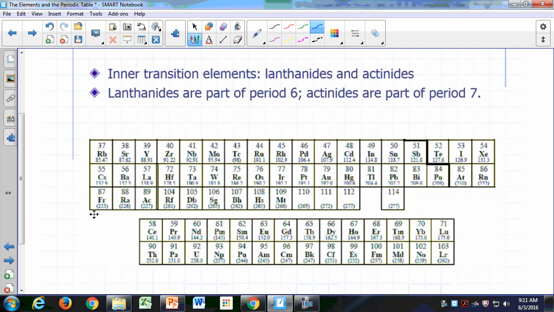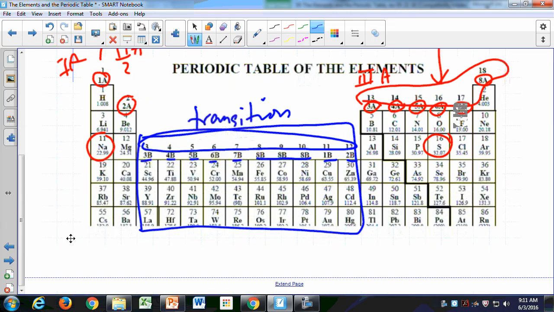There's a group of elements called inner transition elements. If you look at your periodic table, you'll notice right here, from barium, number 56, lanthanum 57, it skips from 57 to 72.